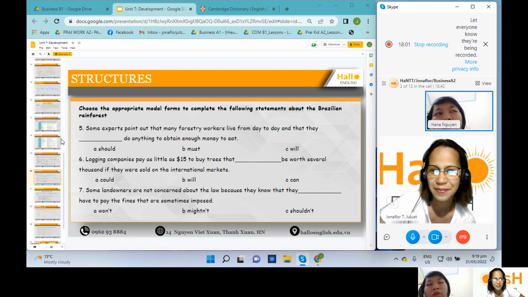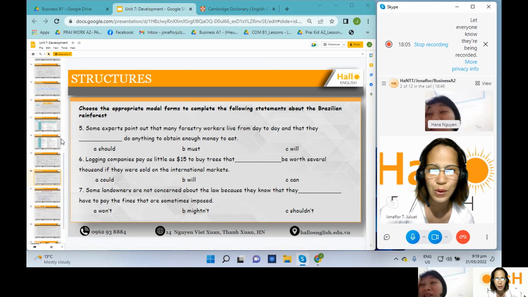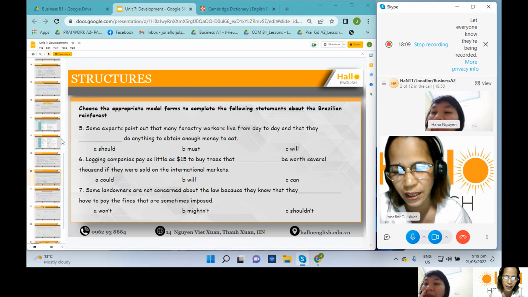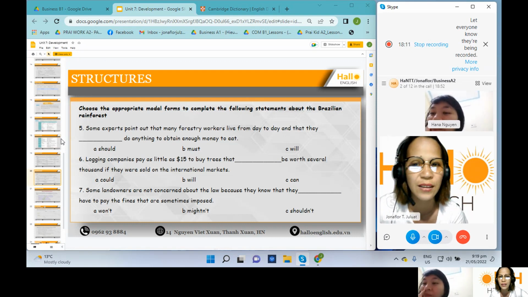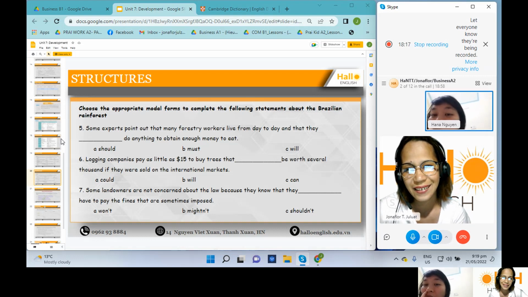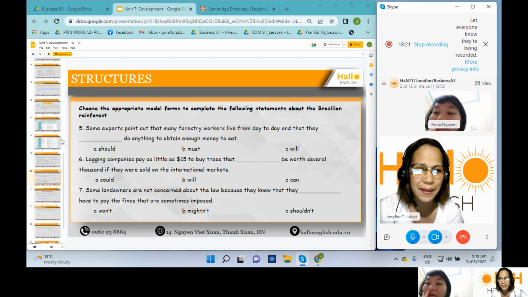You mean to say that it's a strong obligation for them to do anything to obtain enough money. Yes, I think so. Okay. So I think you can use both must or should.